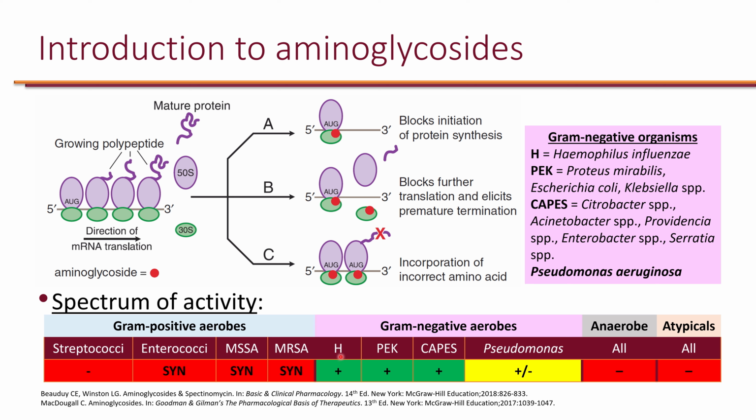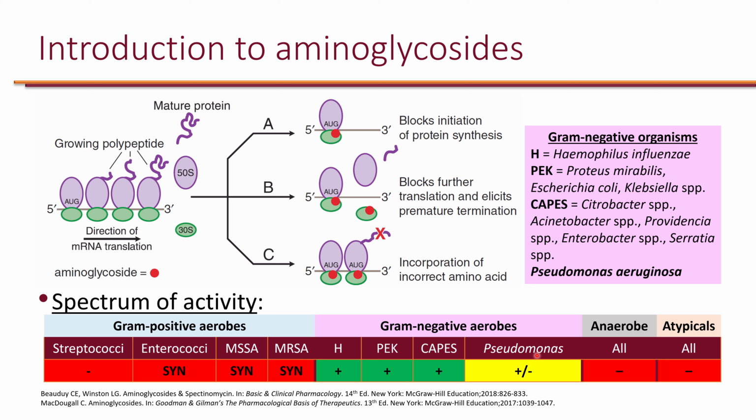So H for Haemophilus influenzae, so they have great activity. For Proteus, E. coli, and Klebsiella, and of course for the CAPES organisms, and that's in general. So Citrobacter, Acinetobacter, Providencia, Enterobacter, Serratia. Now some of these can develop resistance, for example Acinetobacter, but there's a good chance that aminoglycosides will be active against these organisms.